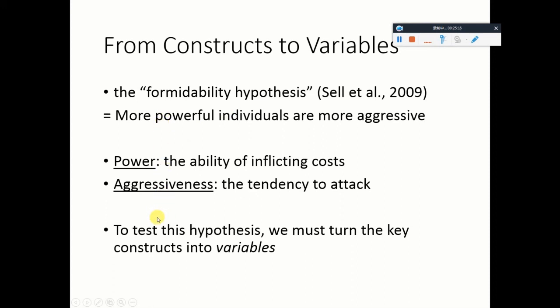So that's what we mean by testing a hypothesis, right? This is a hypothesis, and we need data to verify its truth. But to do that, we cannot simply leave the sentence as it is. Instead, we must turn the key constructs or key concepts in this hypothesis into what we call variables.